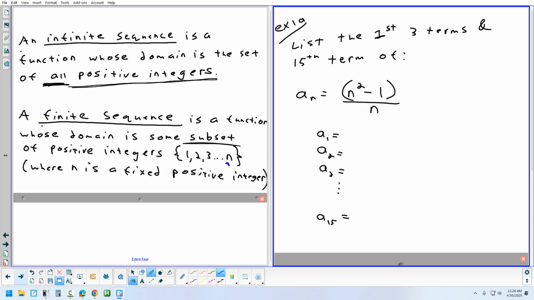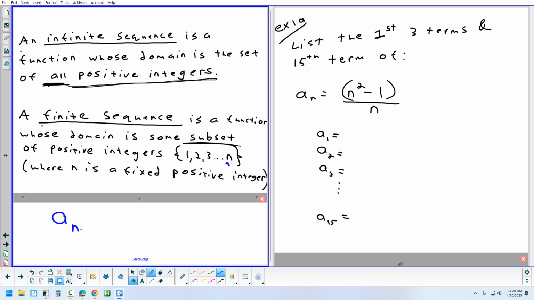So let's see if we can, by being given a formula, I'm not saying you'd have to figure this one out, because that's kind of a complicated formula, but I want to know the first 3 terms, and then I want to know the 15th term. Now, looking at the formula that I wrote down, does it have this in it? A sub n minus 1.